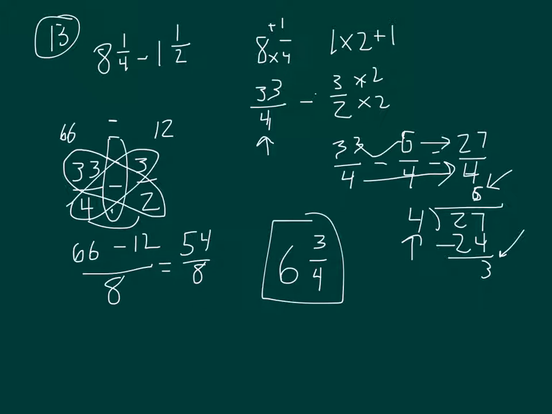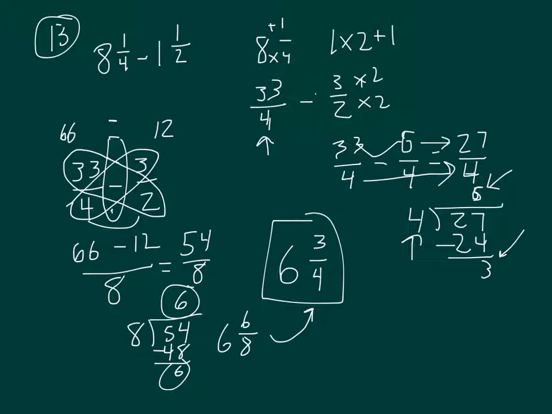You would then convert this to a mixed number. 8 goes into 54 6 times, which would give you a remainder of 6. This would be your whole number. This would be your new numerator. So you would get 6 and 6/8. 6/8 does reduce to 3/4, so you end up with the same answer.